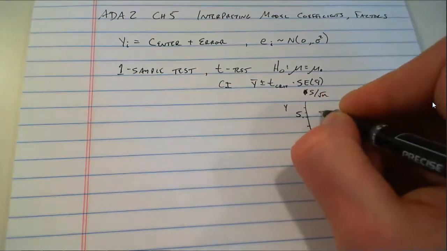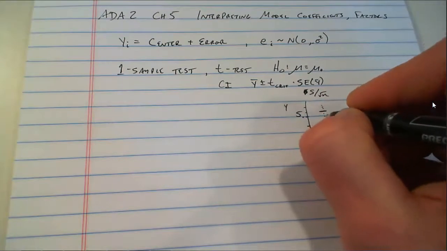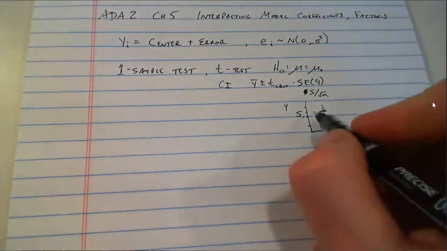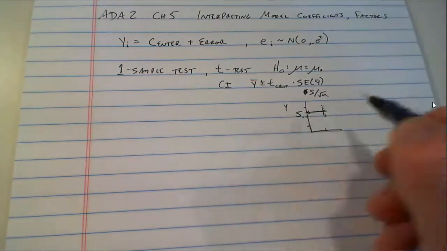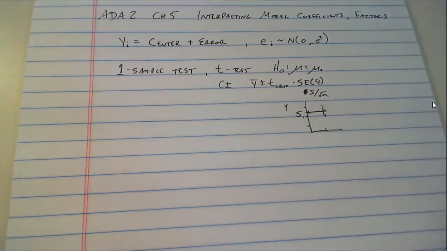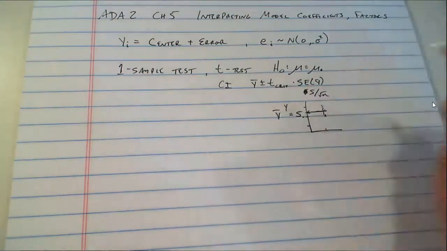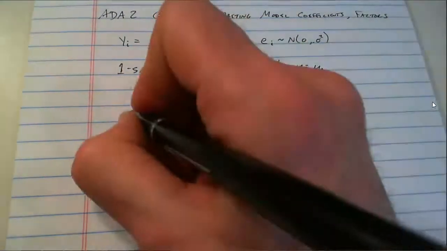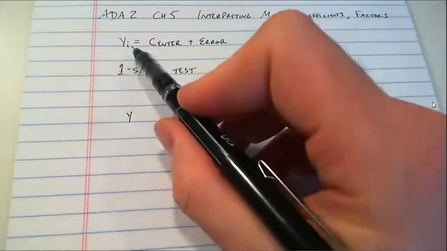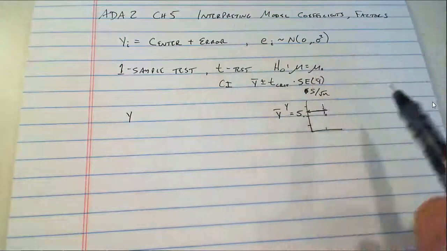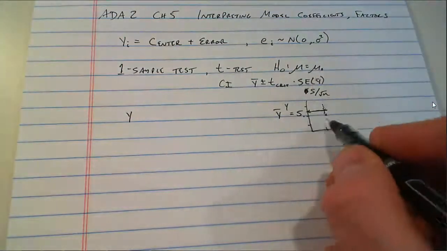That are centered at 5. So we collect some data. There it is, okay? And that mean is 5. So that is y bar. So in terms of this model up here, yi equals center plus error, how can we write the data that we observed?